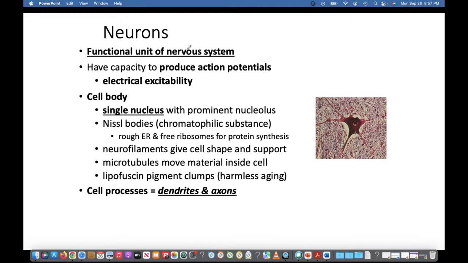The neuron is the functional unit of the neural system, and it's the only type of cell that we have that's electrically excitable, or that can produce action potentials. Now, I will send out a video later this week.